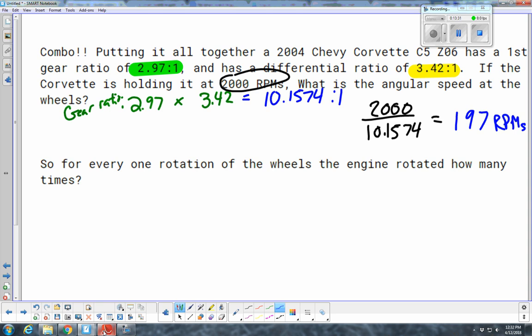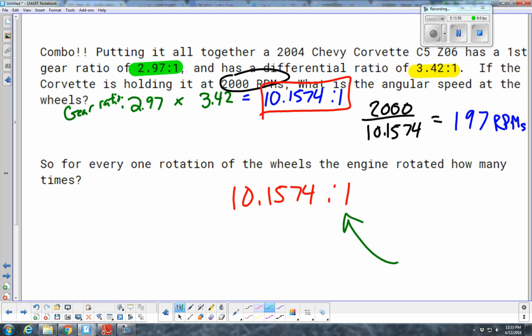If you know this is the gear ratio, and the tires move one rotation, this is the wheels and this is the engine.